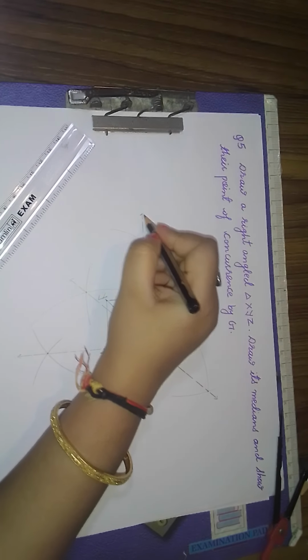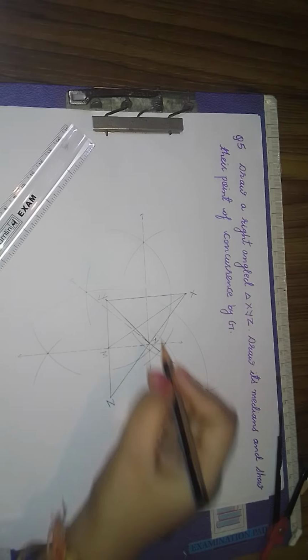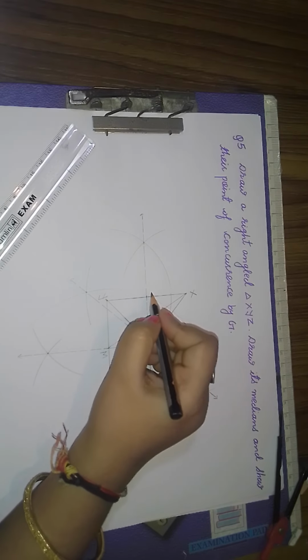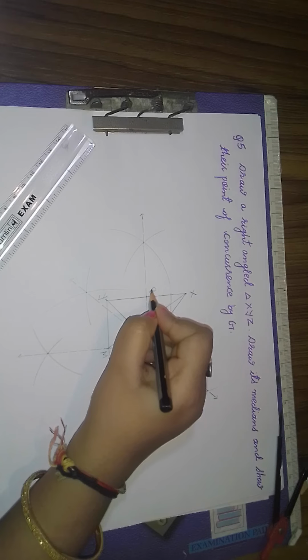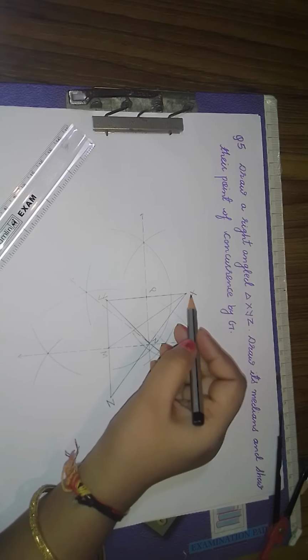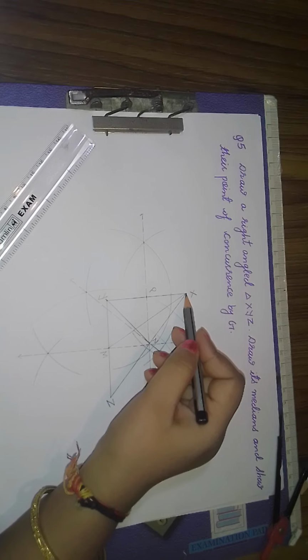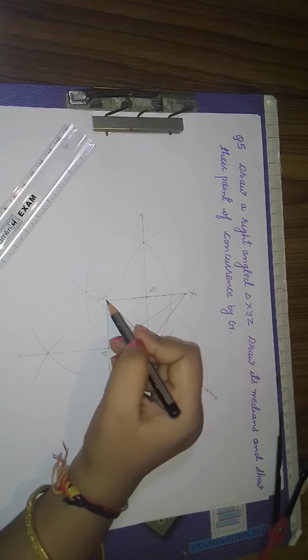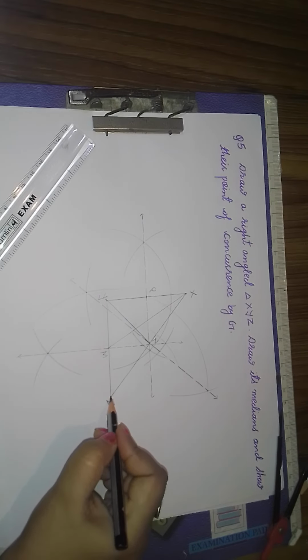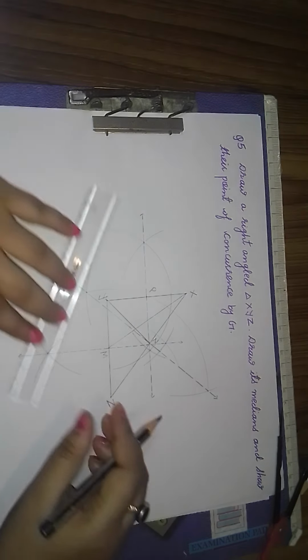Okay, now this point you can name it as P. Now this point P is the midpoint of your side XY. Now this point P you have to join with your vertex Z, like this.